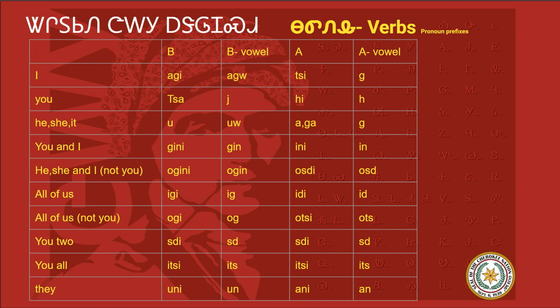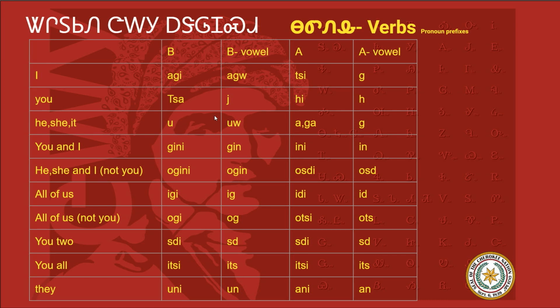I put them here in this chart to help you, so you can see them all together, right? So here is the pronoun. And then there's set B and set A, and there's also set B that starts with a vowel and set A that starts with a vowel. So there's 4 different kinds of beginnings.